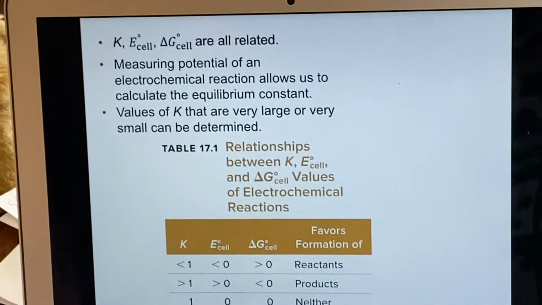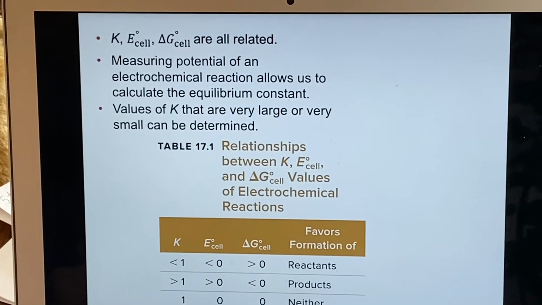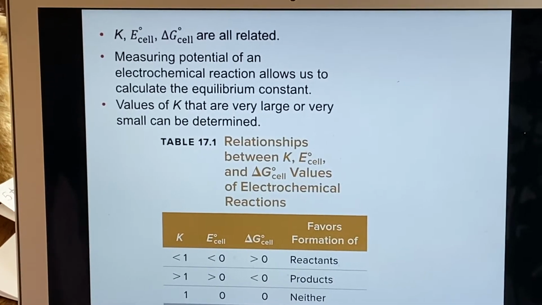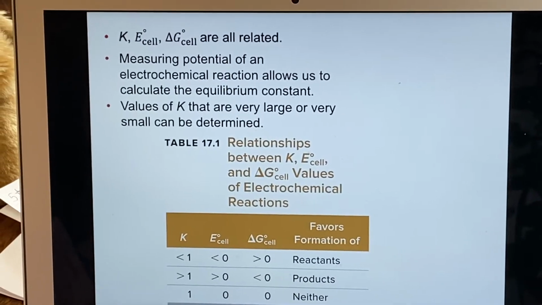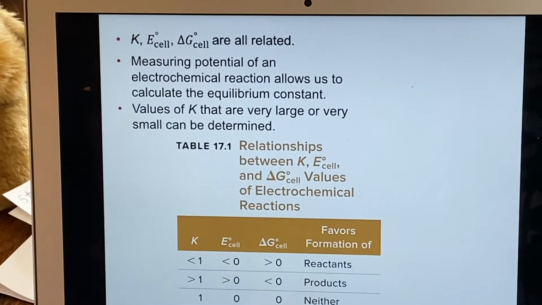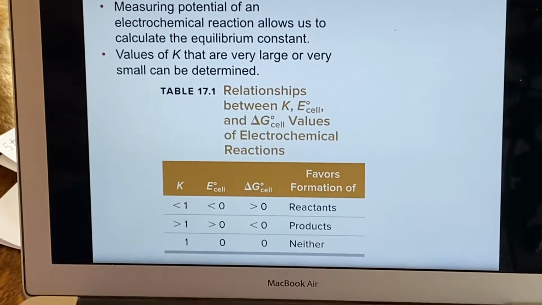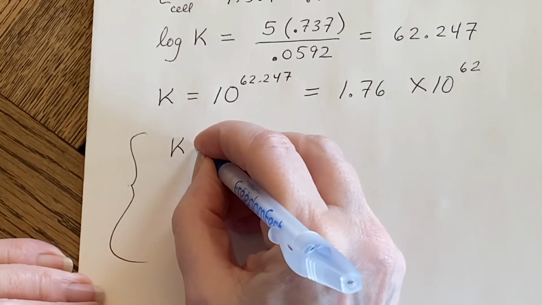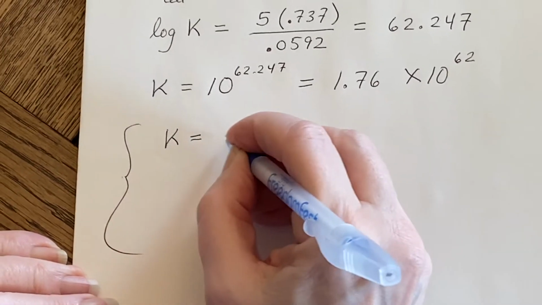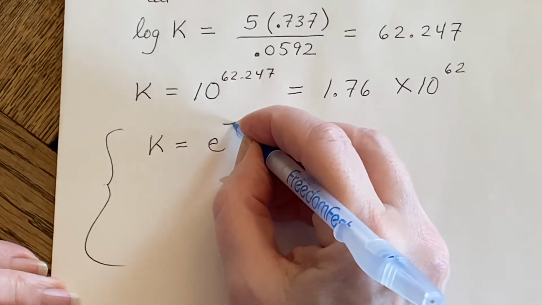Now, what you might have noticed from this is that K, E cell, and delta G cell are all related. We have 3 formulas. We had one from an earlier chapter, where K was related to delta G in this way.